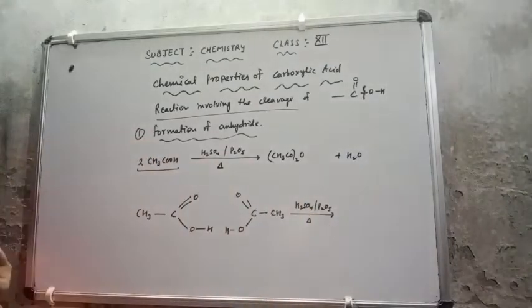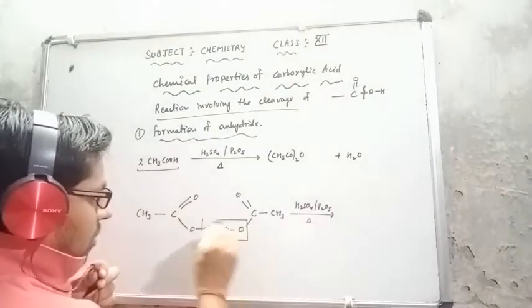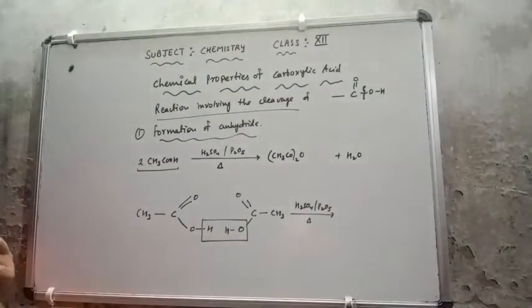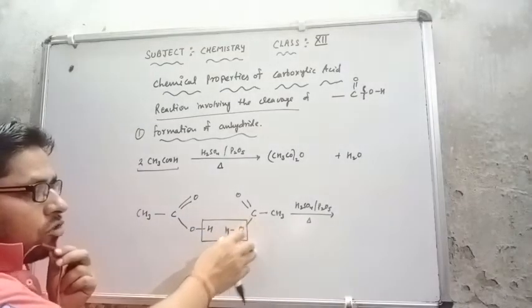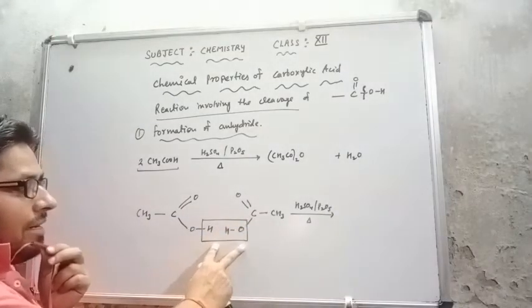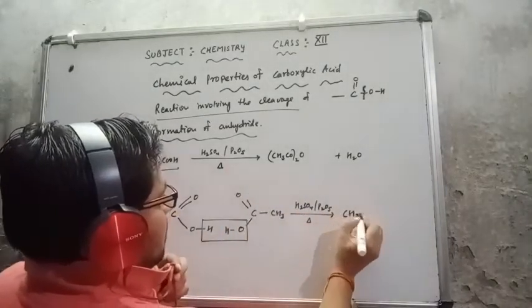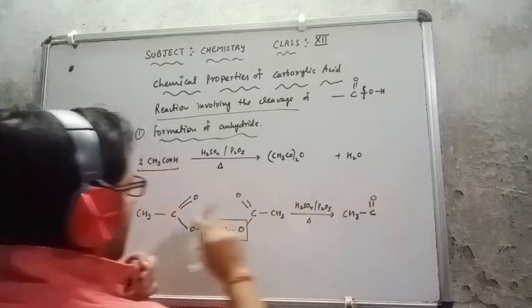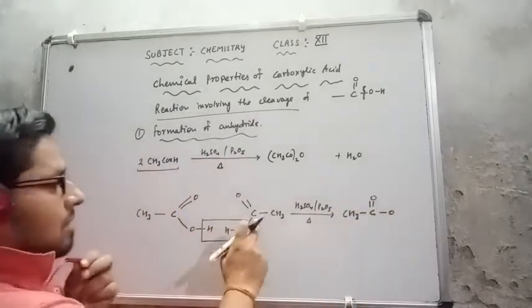So simply we know the water molecule is eliminated. This is the water molecule that is going to be eliminated, you can check. The bond between carbon and oxygen is going to split up and that water molecule is eliminated, and we are getting CH3 single bond C double bond O, this single bond O, with this single bond, that C is also attached.